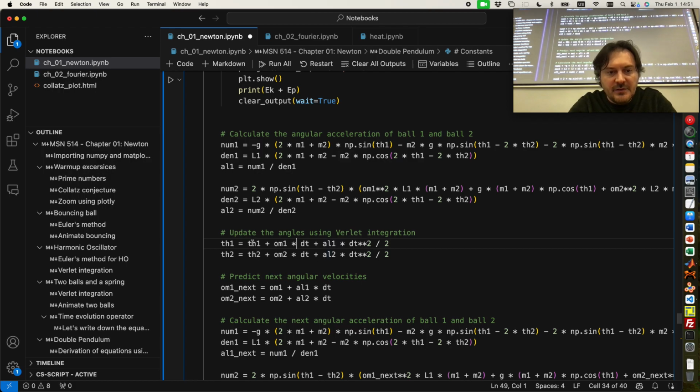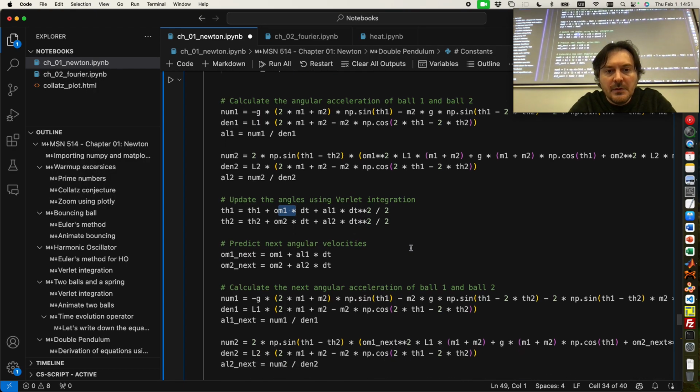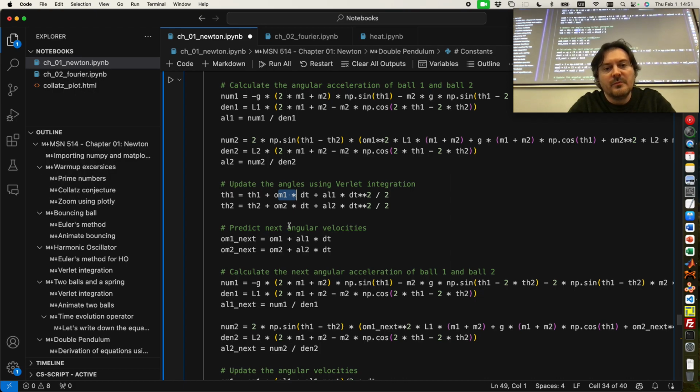Now, this shouldn't be there. No, this is correct. This is what you do, right? x equals x plus v times delta t plus a times delta t squared, etc. But this wasn't there: predict next angular velocities. This wasn't there before because so far what we have looked at is a special case where a is minus k over m times x, where a depends only on x.